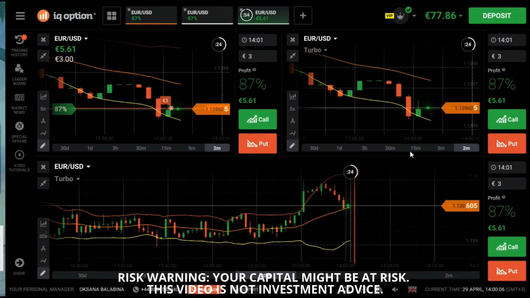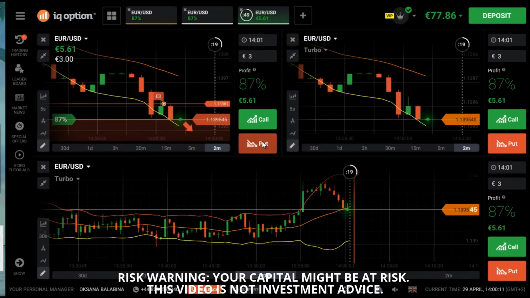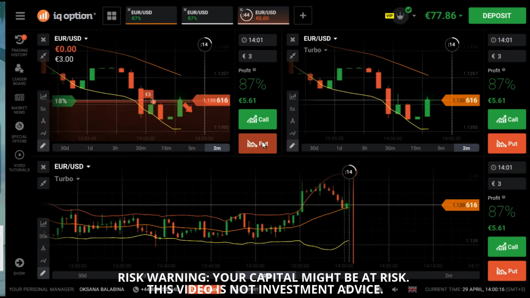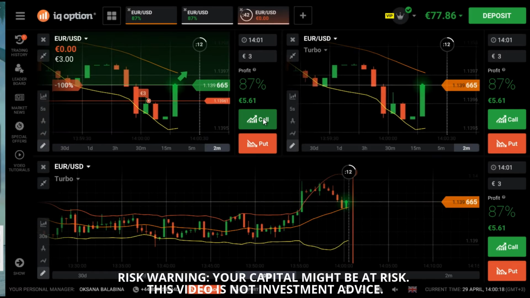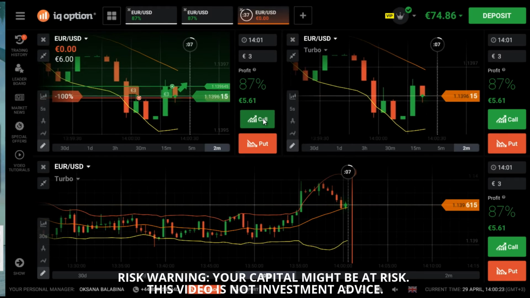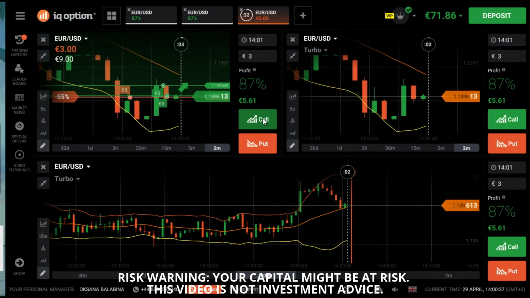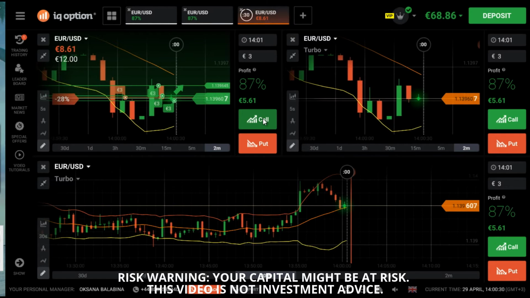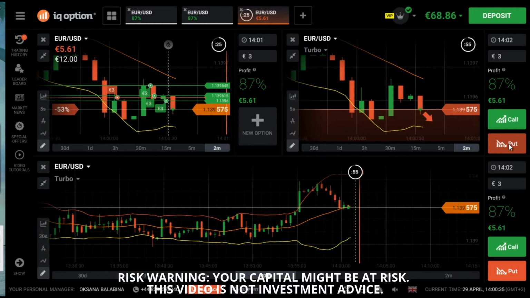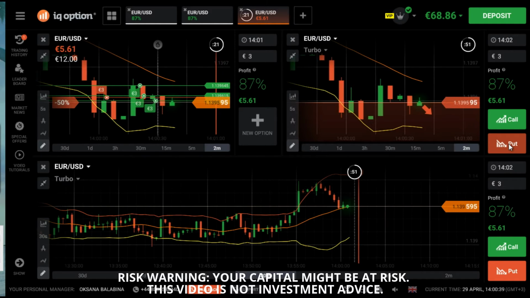I'm following it up on the primary window because it was a long red and it didn't catch up within 30 seconds home stretch on the secondary window. So this follow up on the primary window, I'm still going for the call, but this candle's downward motion is pretty persistent.